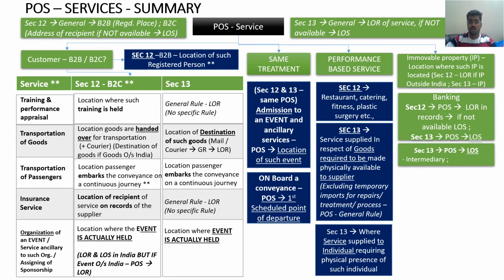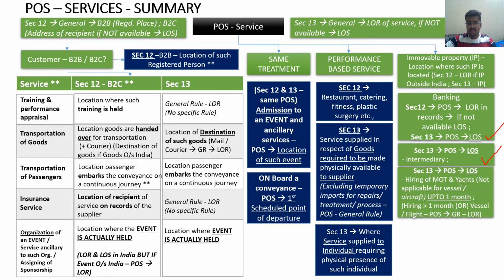Now, we saw for banking also the place of supply was location of supplier. However, it should be an account holder, my friends. If he is not an account holder, location of recipient. And now for intermediary also we saw in section 13, place of supply will be location of supplier.